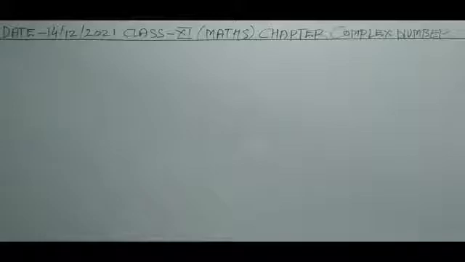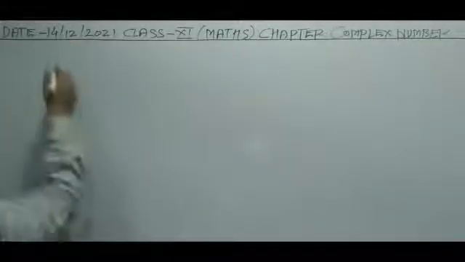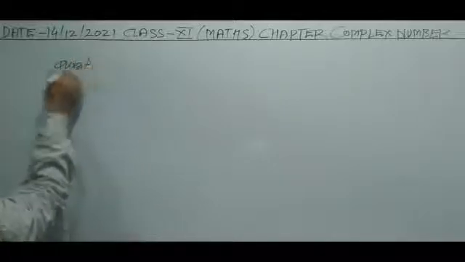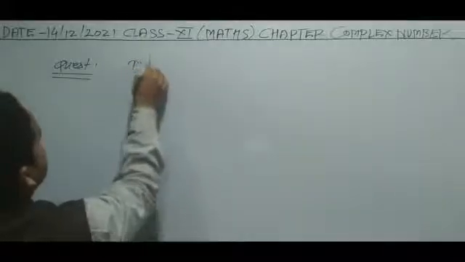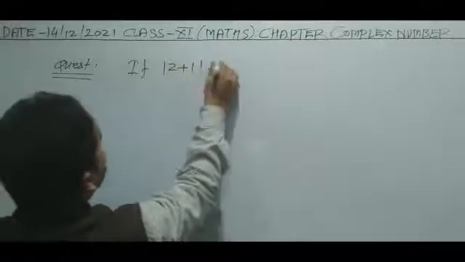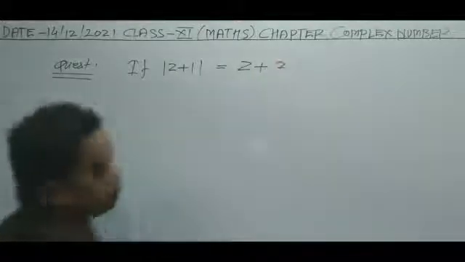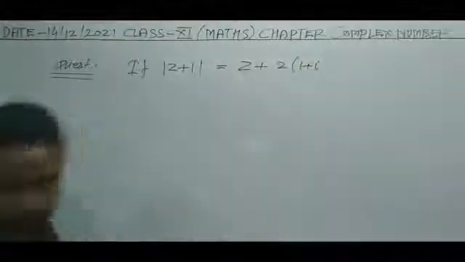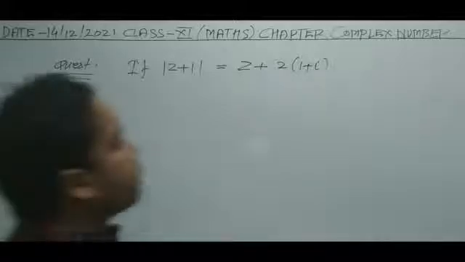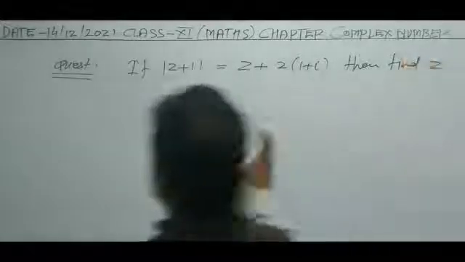If mod of z plus 1 is equal to z plus 2 plus 2i, then find z.